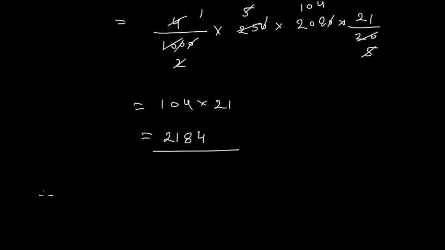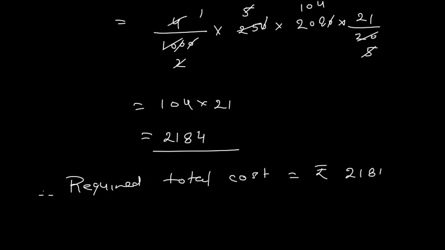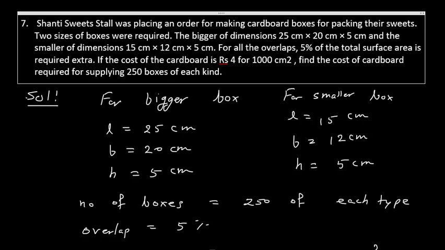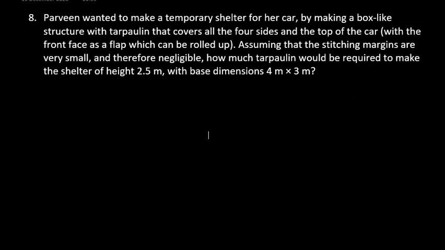So therefore the required total cost is rupees 2184. So 2184 is the required total cost. Simple. Okay, so this is our last question.